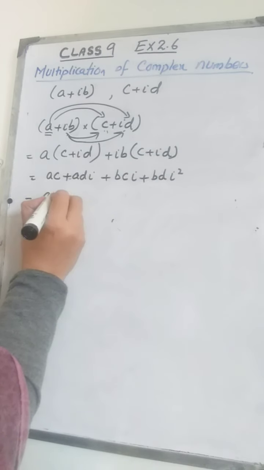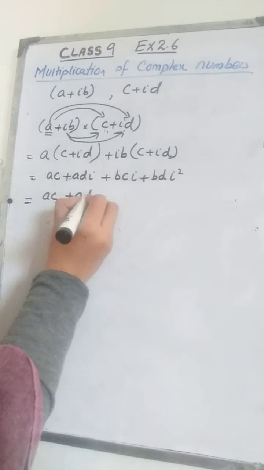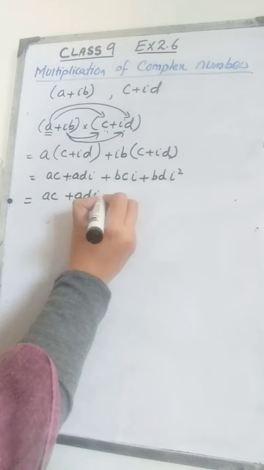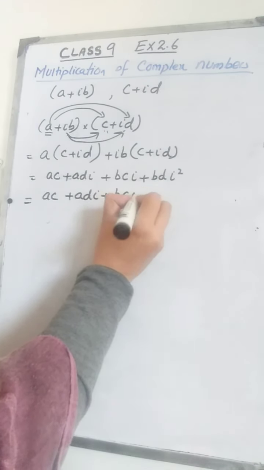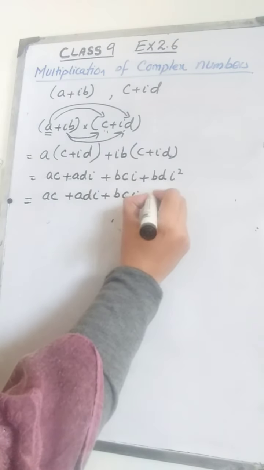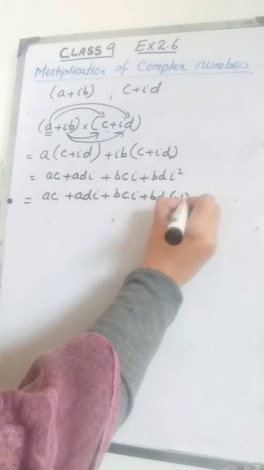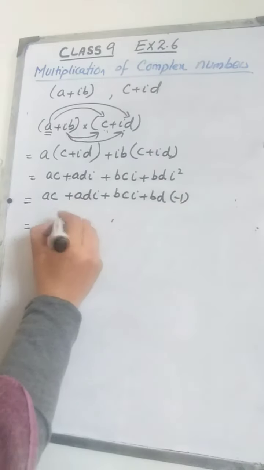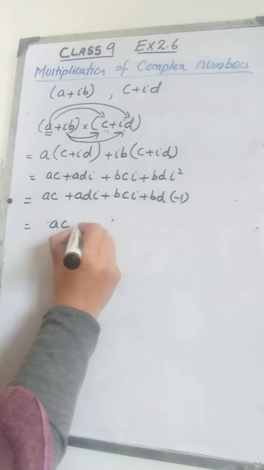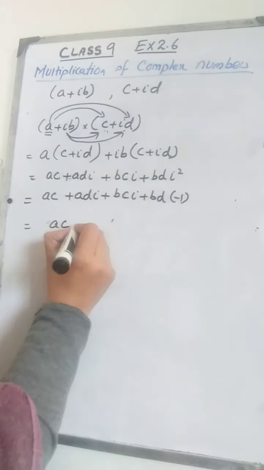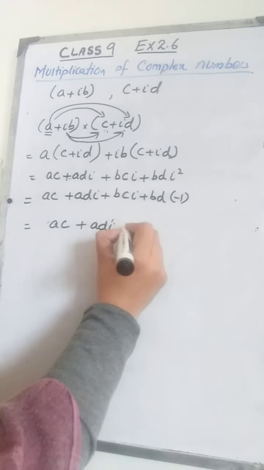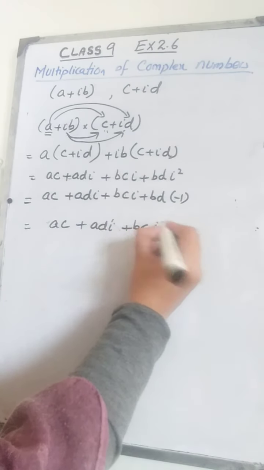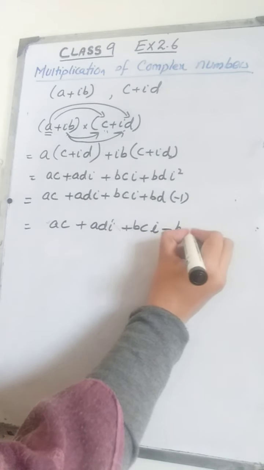Now ac plus ad iota plus bc iota plus bd iota square, and we know that iota square is equal to -1, that we have learned in the previous lecture. Therefore, replacing iota square by -1, what do we get? ac, and now here ad iota plus bc iota, and it's going to become minus bd.